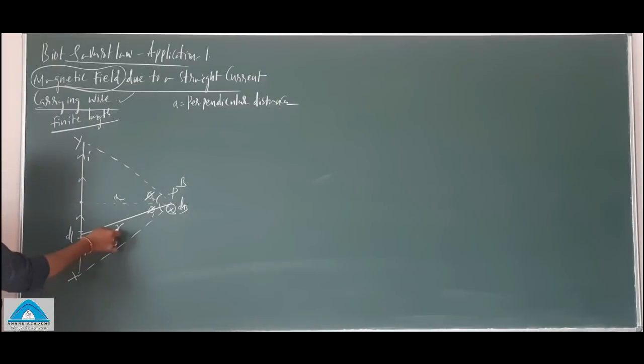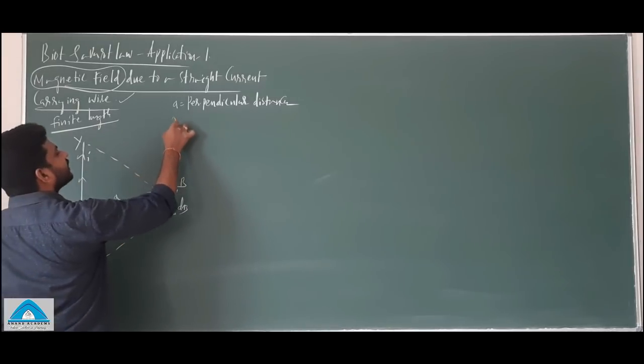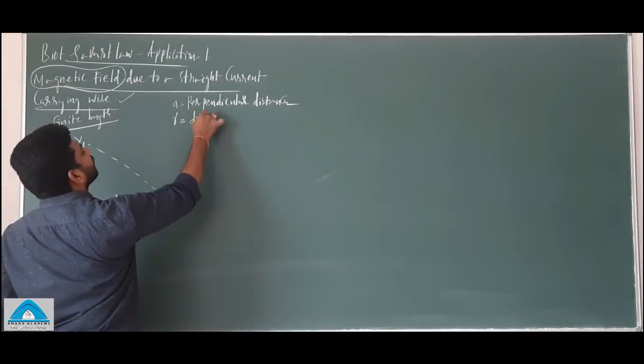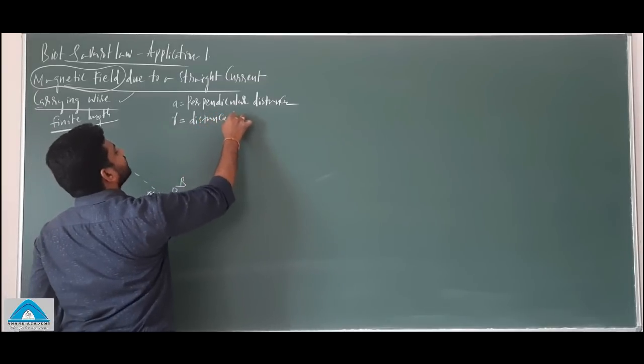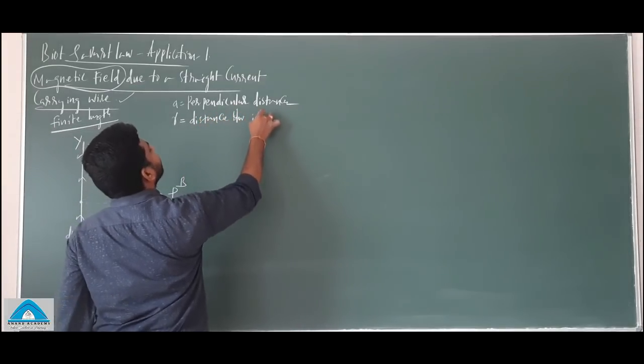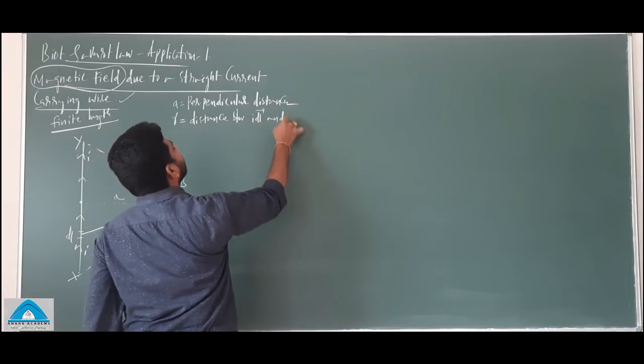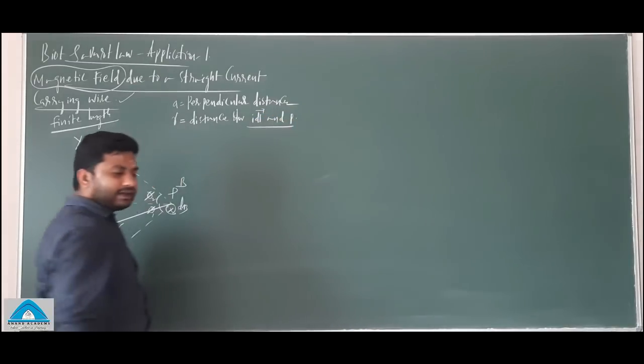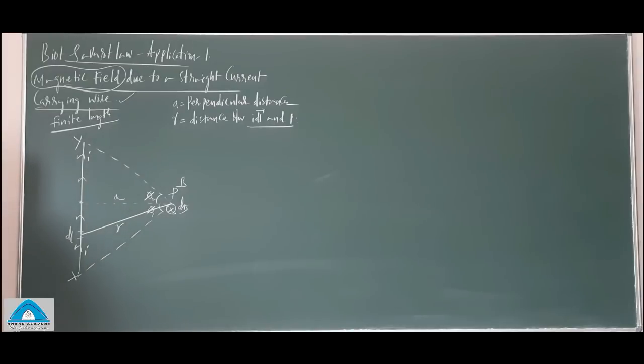And what is the distance between the current element and the point P? I am writing here, r is the distance between the element dl bar and point P. Now, you can say this is point O, and I am considering a length L from here to here.